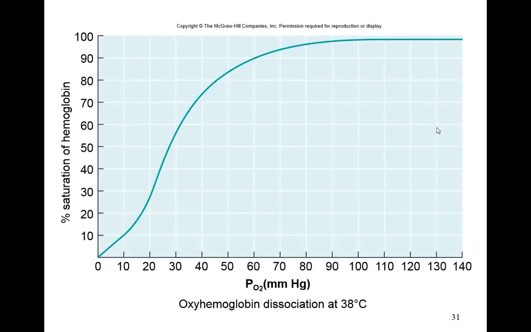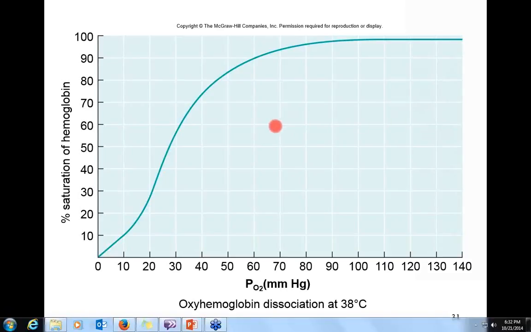All right, what do we have here? Well, we have something called a dissociation curve. On this axis, we have saturation of hemoglobin. So that means the amount of oxygen bound to hemoglobin. And here we have the partial pressure of oxygen.